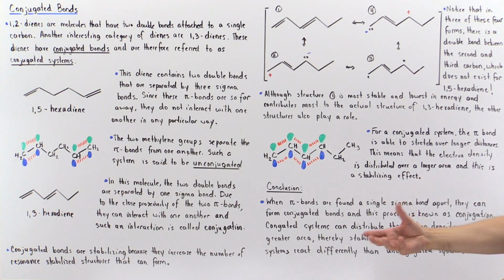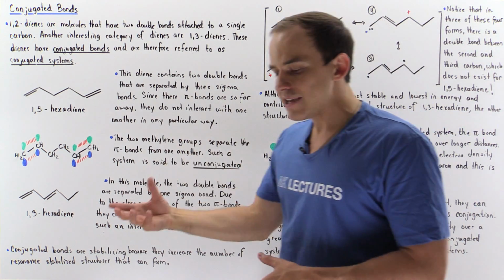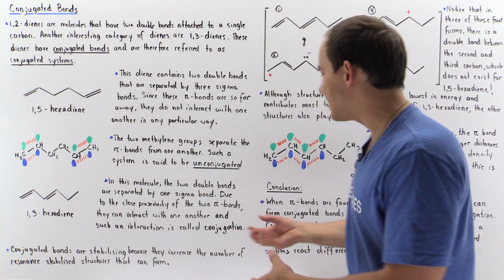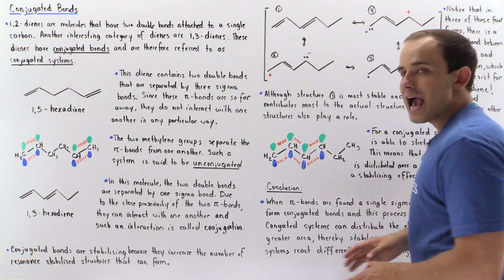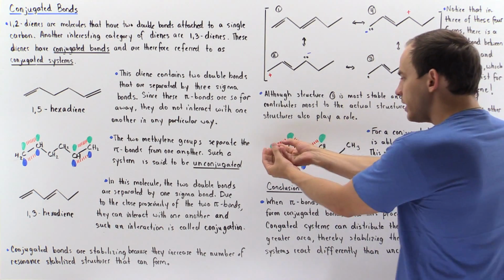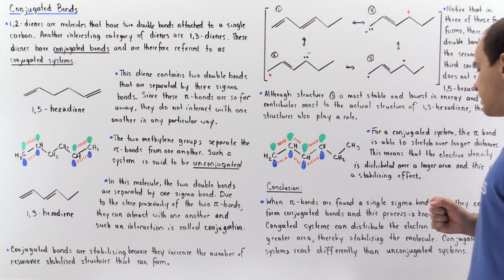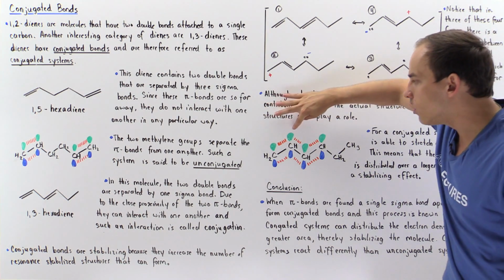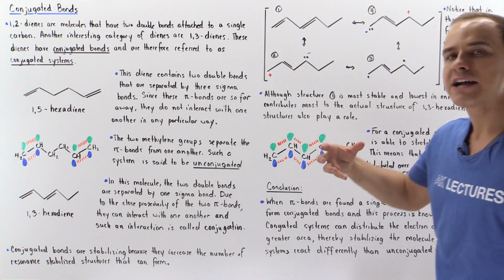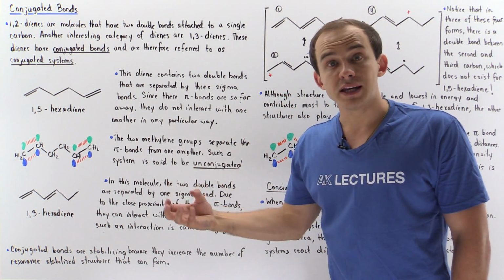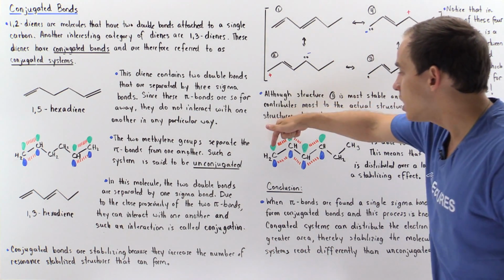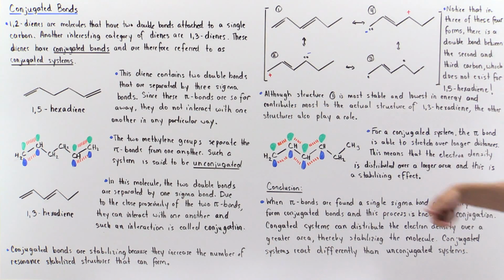This process is known as conjugation. Conjugation is the process of spreading out our electron density between this entire region here. Remember, these orbitals represent electron densities, probabilities of electrons being found within these shaded green and blue regions.